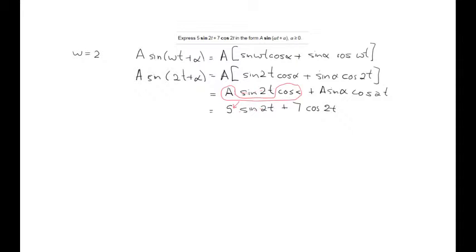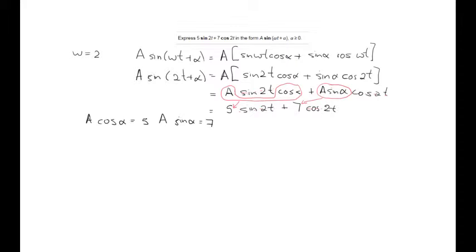And on the other side, you can see the cos 2t bit, and what we've got left is a sine alpha, and that must be equal to 7. So we've got that a cos alpha is equal to 5 and a sine alpha is equal to 7.